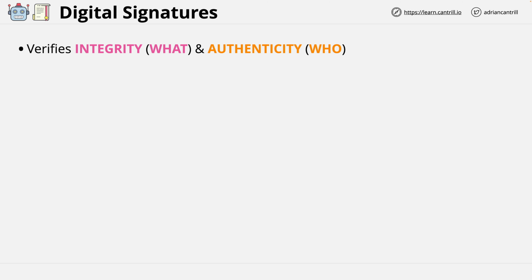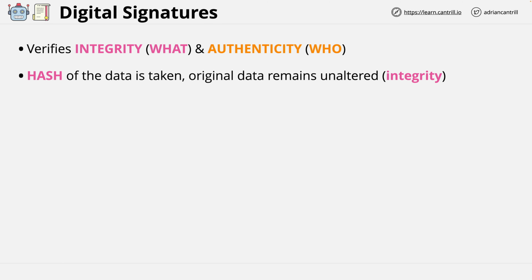Now, a key part of this process is that it's layered on top of normal usage. So if somebody doesn't care about integrity or authenticity, they can access data as normal without any of these checks. And to enable that, the first step is to take a hash of the data that you're going to be validating. The original data remains unchanged in plain text or whatever its original format is.